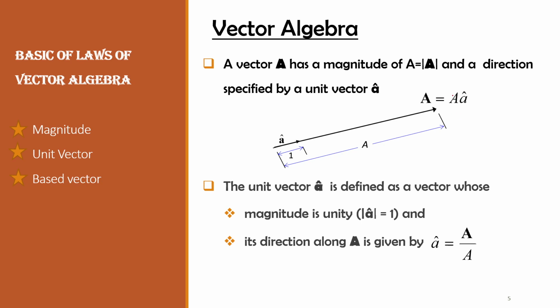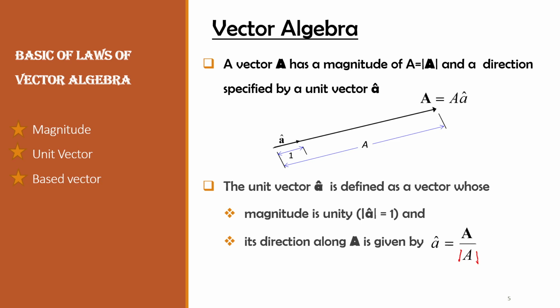So vector A has a magnitude of A and is in the direction of unit vector A. If given a vector A, we want to find the unit vector A, then the unit vector A is vector A divided by its magnitude. Sometimes magnitude uses this symbol.